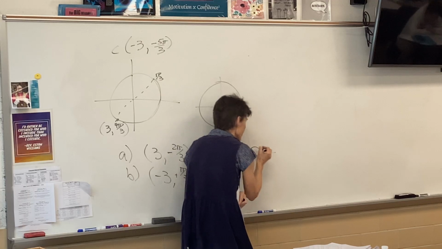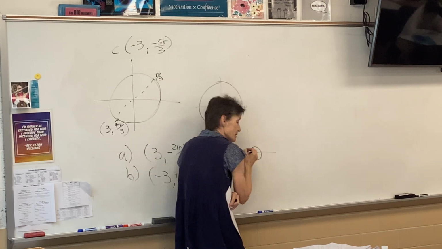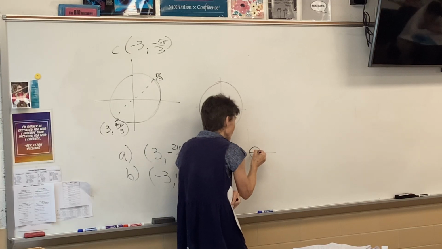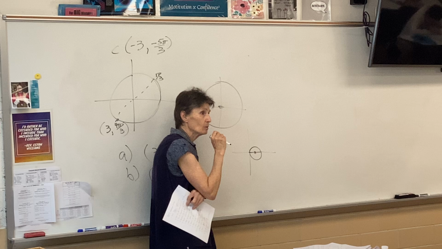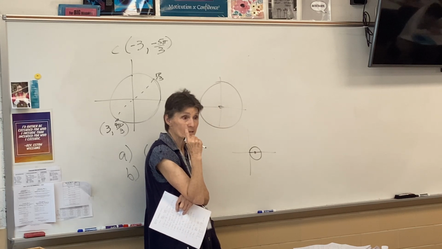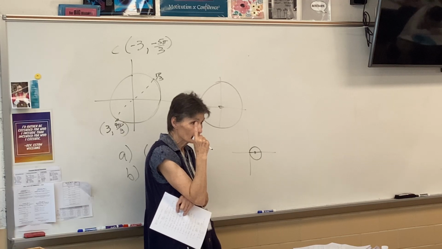So it looks like this. And that is 2. So the center is at 1, 0. And the radius is 1. Everybody okay with that?